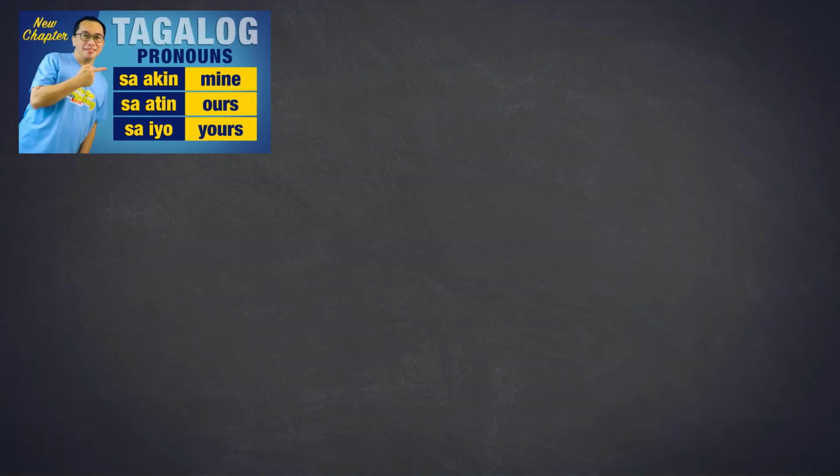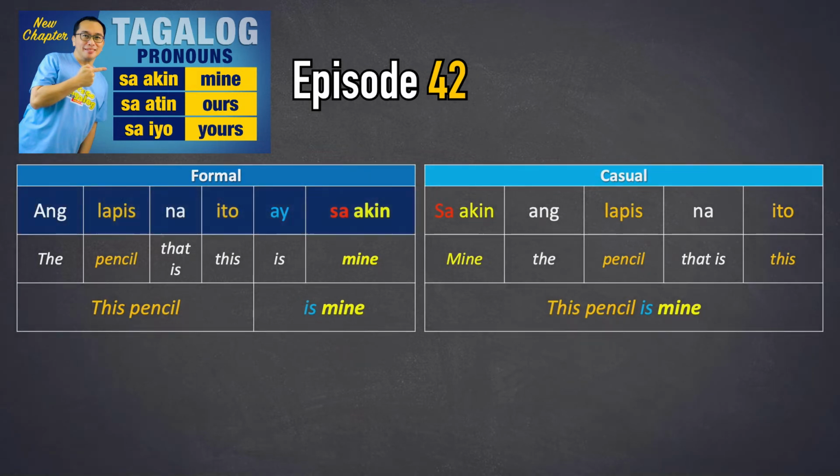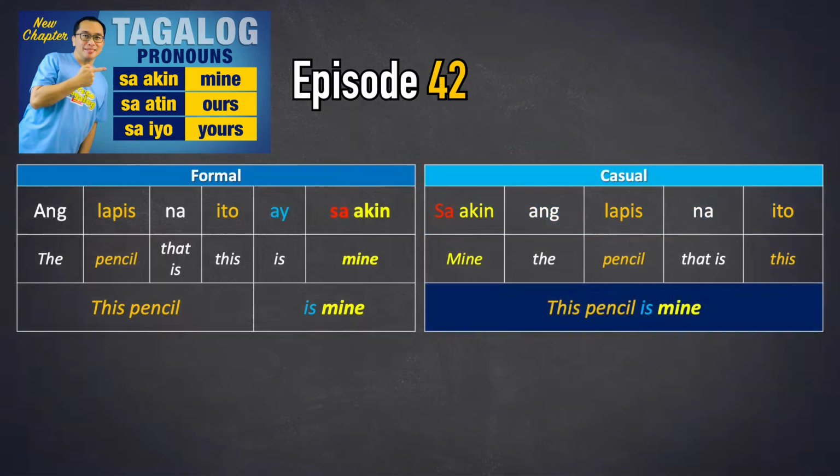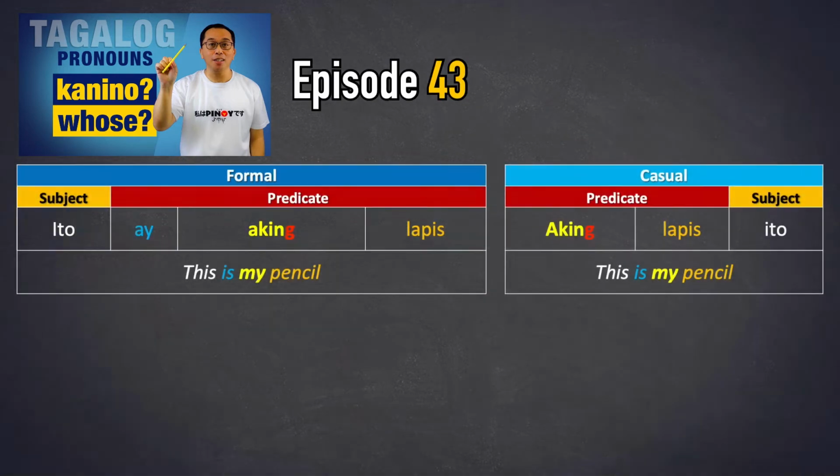In episode 42, I talked about these patterns. Ang lapis na ito ay sa akin. This pencil is mine. Sa akin ang lapis na ito. This pencil is mine. And in episode 43, these patterns.